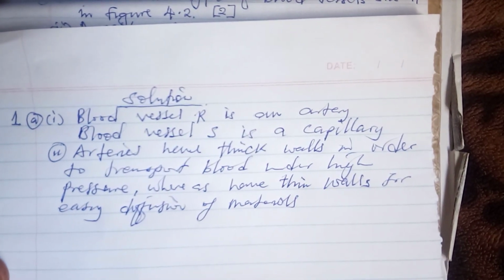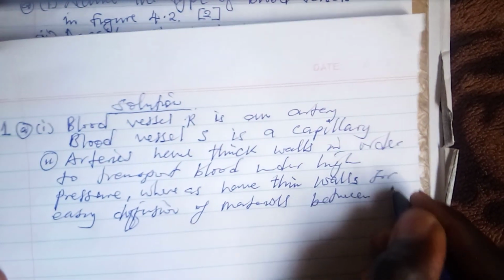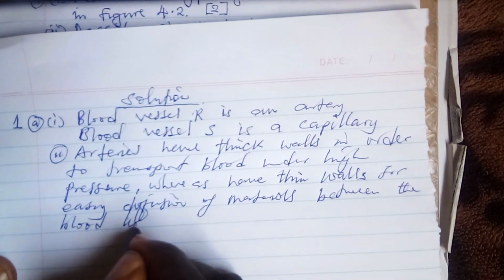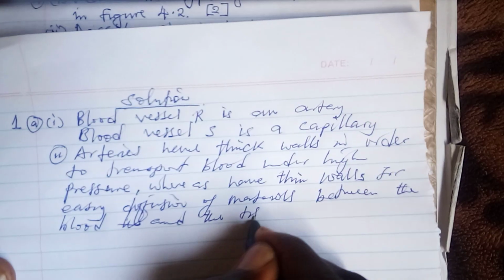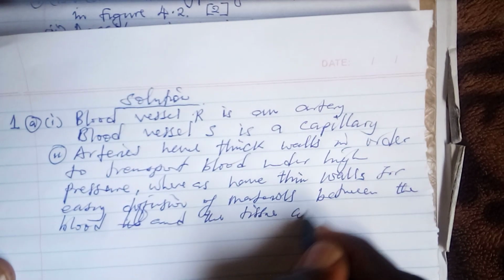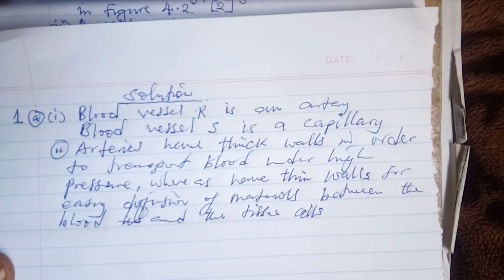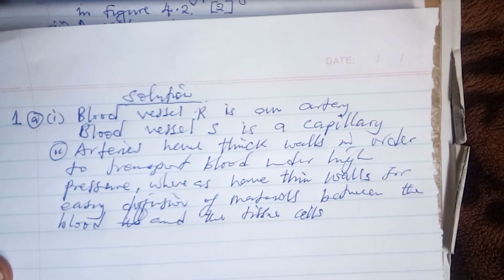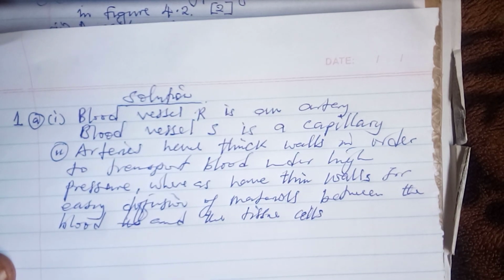Between the blood and the tissue cells. Between the blood and the what? Tissue cells. That is the capillary. So what does it mean when we say thin walls?